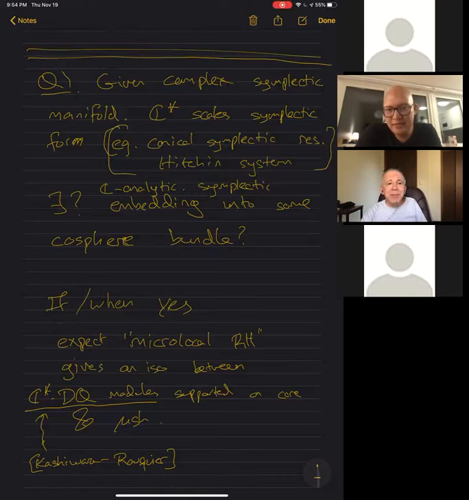From the perspective of your question 2, you can indeed embed your category of DQ modules, without C star, into the Fukaya category. So there is a faithful functor if you drop the C star. But the Fukaya category is much bigger, because it has pseudo-holomorphic disks which are not visible from the point of view of DQ modules.